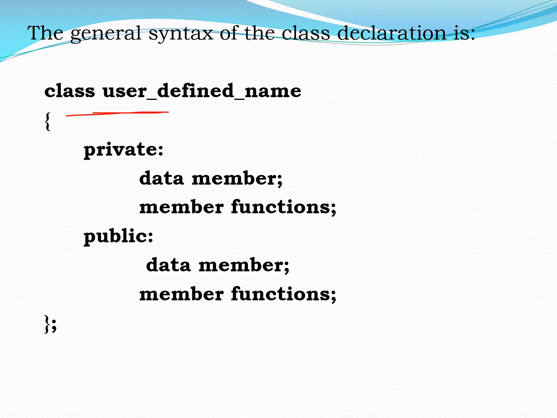Between the open and close braces we have n number of statements, which is nothing but the class body. The body of a class is used to declare the members, like data members and member functions.